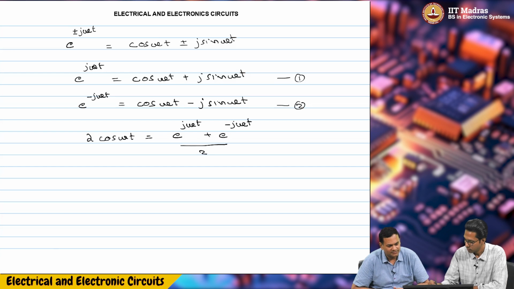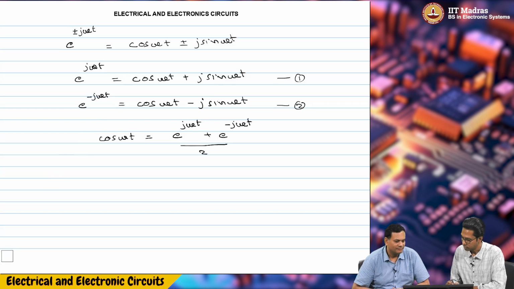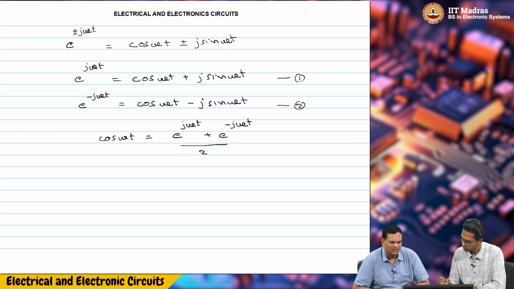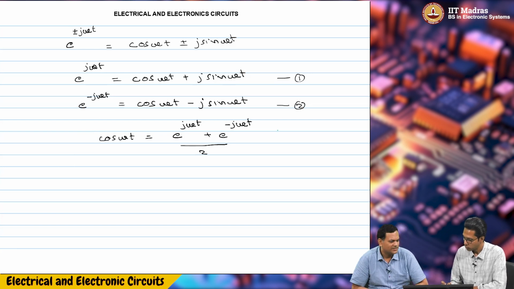So this 2 I can bring over here. This means I can get the sine wave also this way. Take 1 minus 2, and that gives sine omega t.